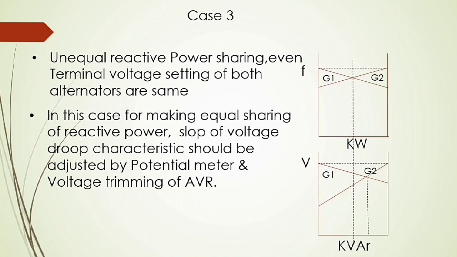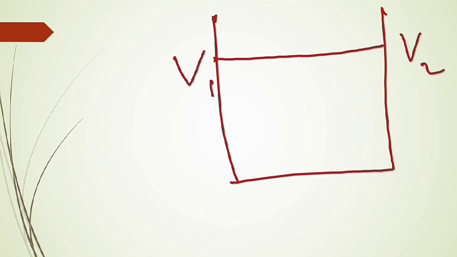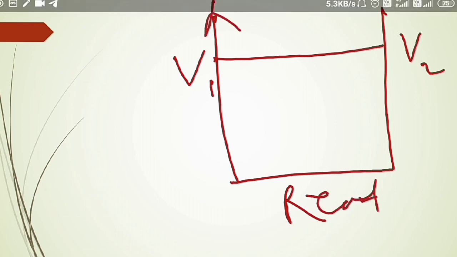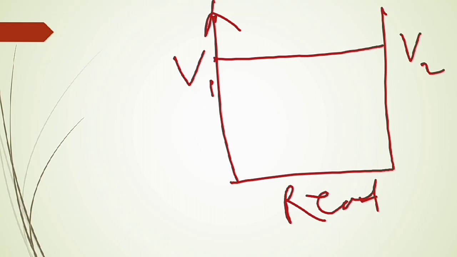In this case we also discuss one last thing: what happens when both alternators are connected at exactly the same voltage. Here we see the voltage V1 for generator 1, V2 for generator 2, and this is the reactive power, and this is the voltage. Here we call it the voltage droop setting.